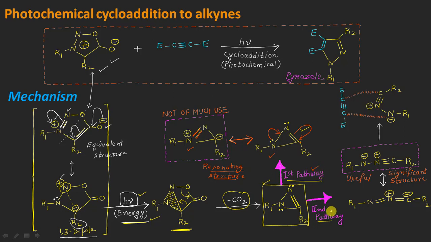And now let's have a look at what is going to happen in case of the second pathway, in that the second resonating structure can be shown in this way. I mean these electrons shifting from here to here, and the bonded electrons of this bond going to this carbon atom, resulting in the formation of first of all a double bond here, because of the shifting of these electrons in between these two nitrogen atoms.